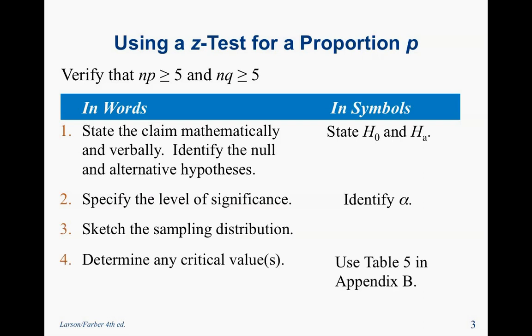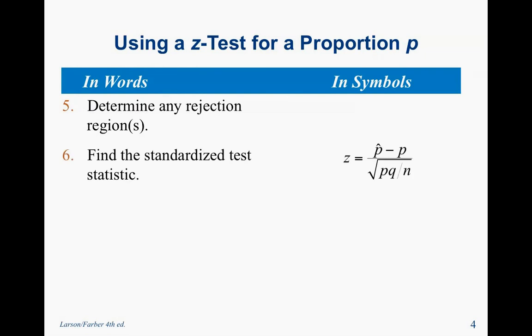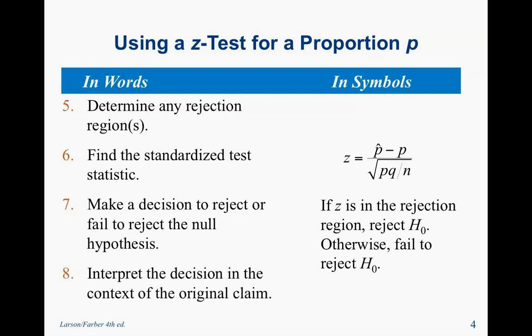Determine any critical values. You can use the table or you can use Excel. I will use Excel. Determine any rejection region. Find the standardized test statistic. Make a decision to reject or fail to reject the null hypothesis based on that test statistic. Interpret the decision in the context of the original claim.